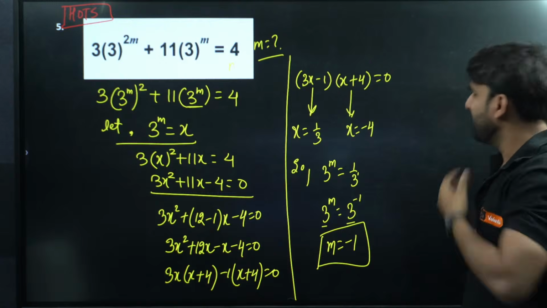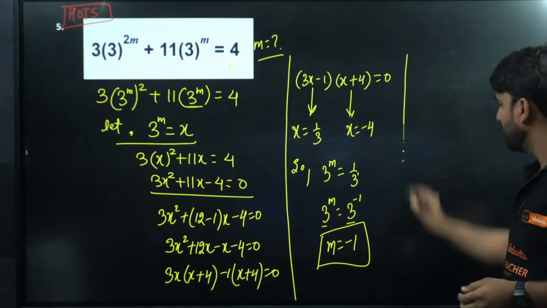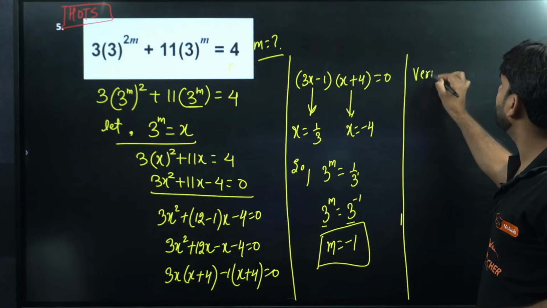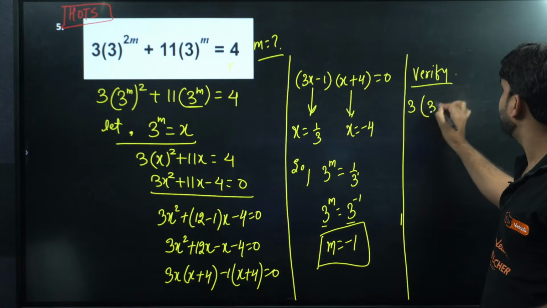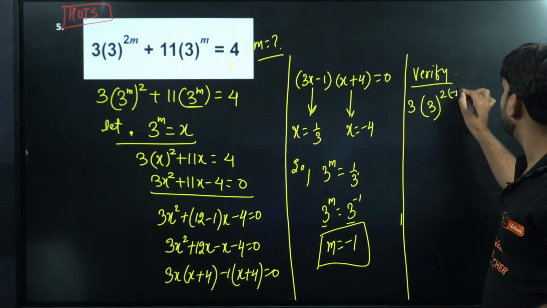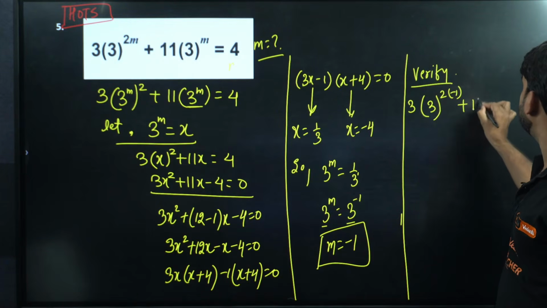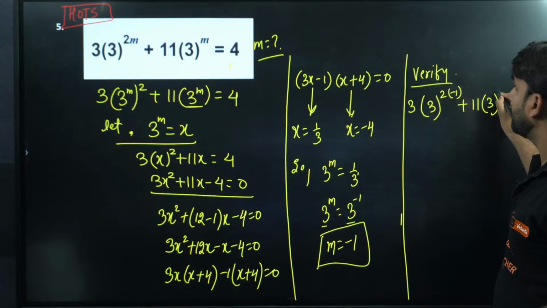We can verify whether m equals minus 1 satisfies the situation or not. Verify: 3 to the power 2 into minus 1 plus 11 into 3 to the power minus 1.